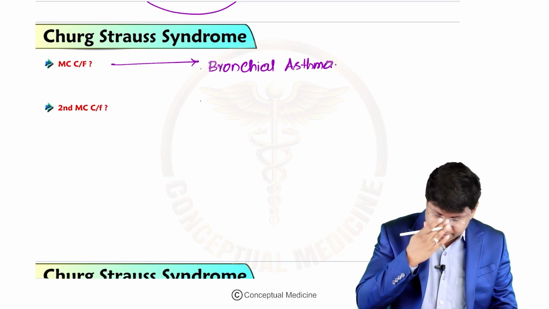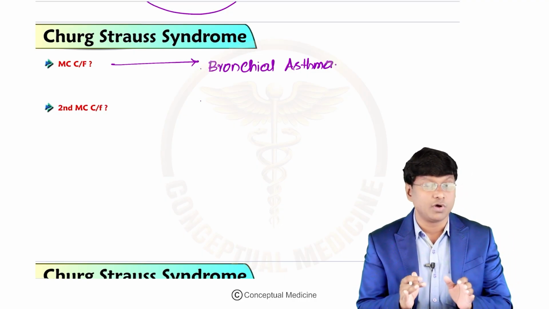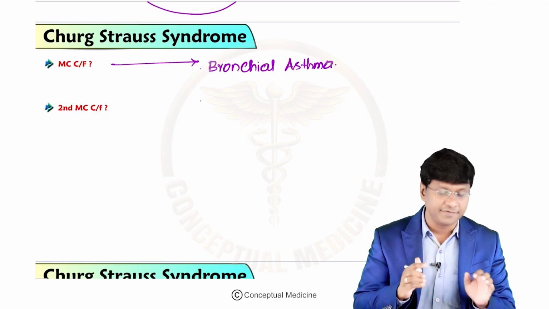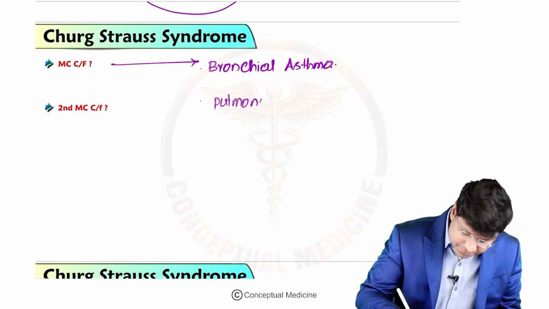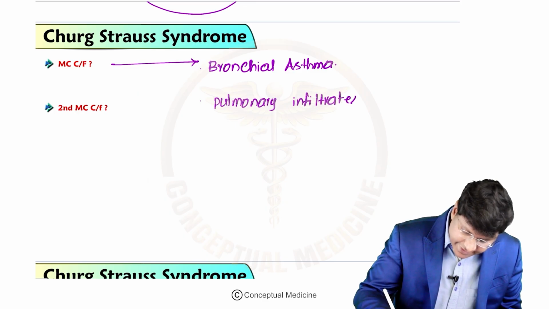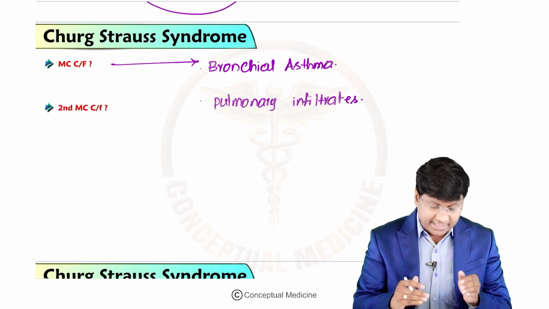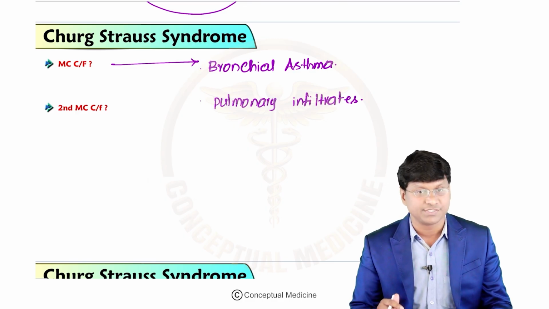In these individuals, you have the presence of pulmonary infiltrates. Pulmonary infiltrates dominate the clinical picture in patients with Churg-Strauss syndrome.